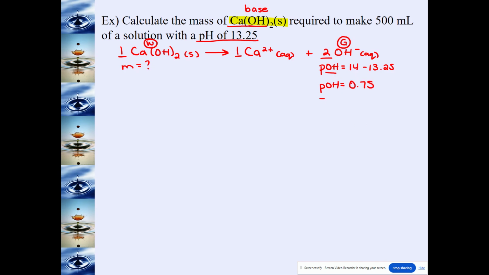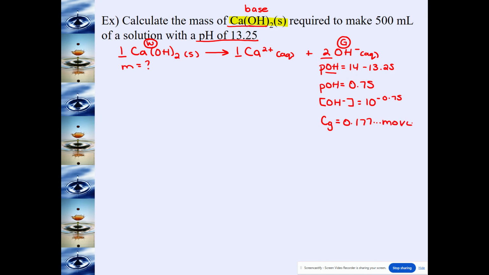Okay, so now again, indirectly, I have been given the concentration of the hydroxide ions by going 10 to the exponent negative 0.75. So I get a concentration of my given to be 0.177 and so on moles per liter.